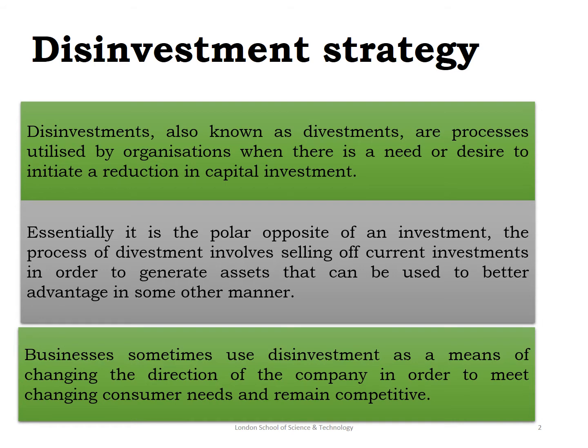So businesses sometimes use disinvestment as a means of changing the direction of the company in order to meet the changing consumer needs and remain competitive. Even if we think about disinvestment, we can think of it in terms of companies which may have different arms and different SBUs, strategic business units, or different companies attached to their parent company.